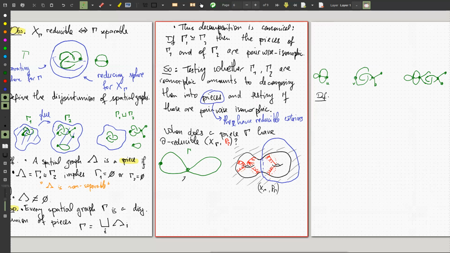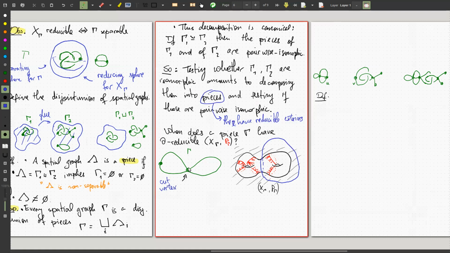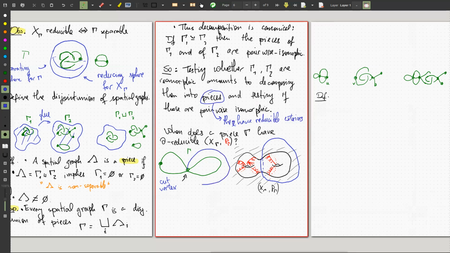So this vertex here is what we call a cut vertex. What we mean precisely by a cut vertex is a vertex that decomposes the graph into two parts glued along one vertex. And of course, we always do this topologically. So formally, this means that there exists a sphere intersecting the graph only at that point, and that sphere has portions of the graph on both of its sides. Such a sphere we call a cut sphere.